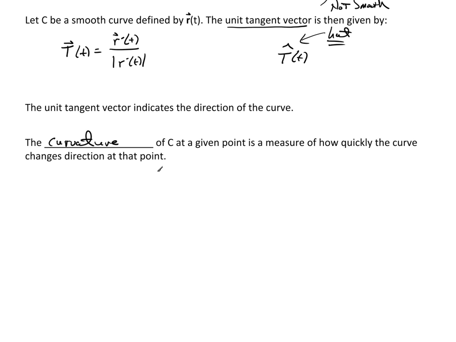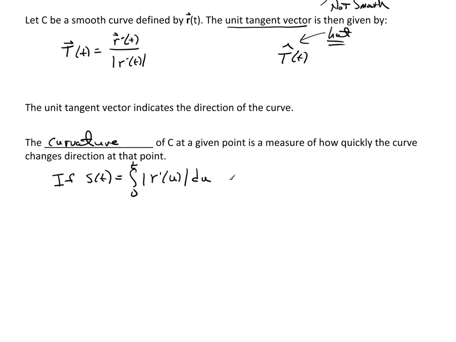So, if we think of s of t as being the integral from 0 to t of the magnitude of r prime of u du. This is what we did when we parameterized the arc length.